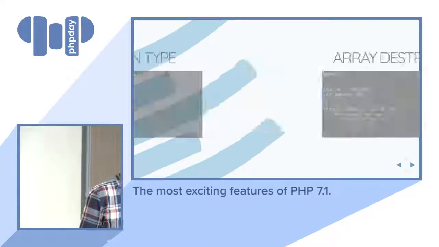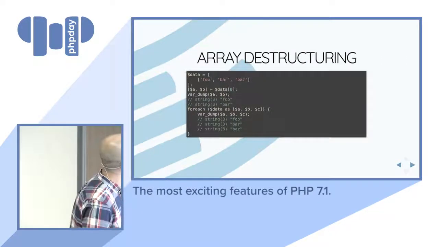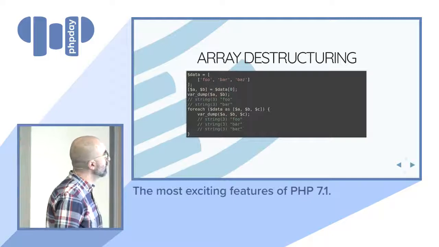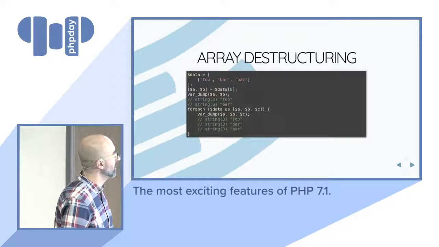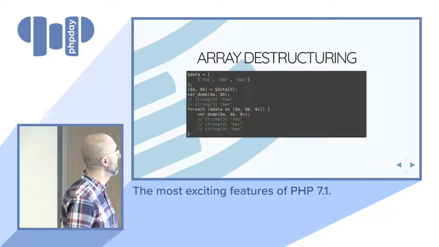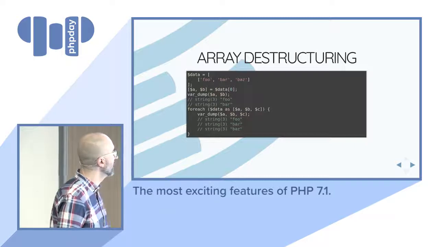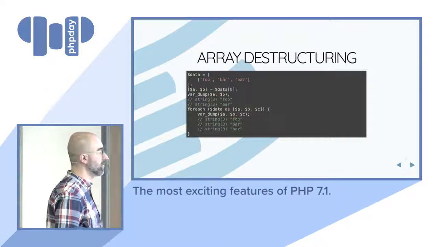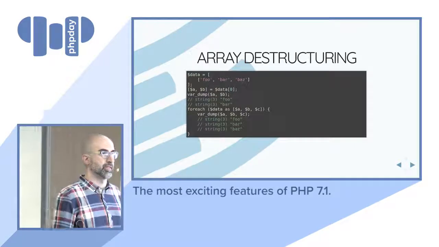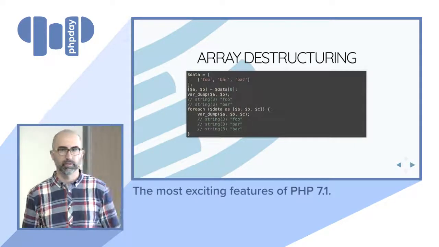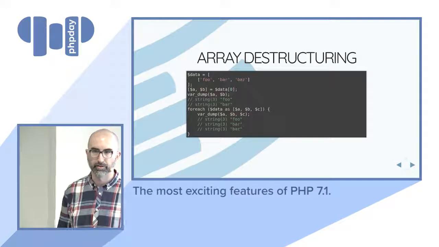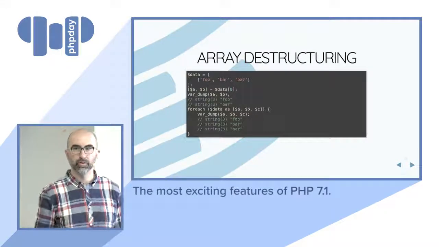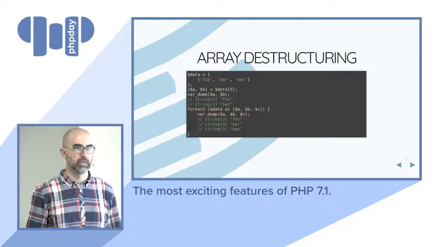Okay. Another nice feature is the array deconstructing. So basically, with PHP 7.1, you can assign like the list function. I'm sure you are familiar with the list function in PHP. Actually, who knows about the list function in PHP?